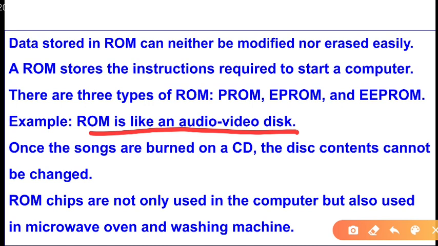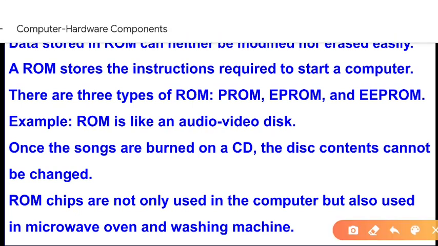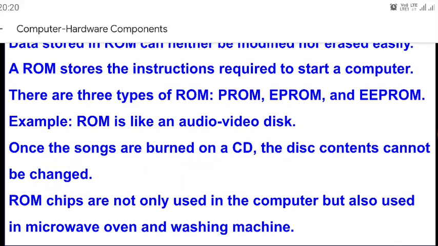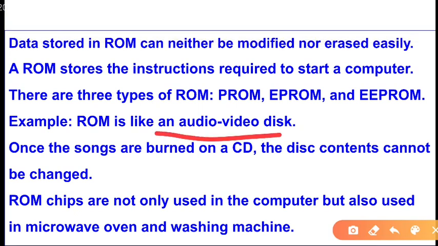You can only read the data or the songs that are inside those CDs. Actually, you cannot read, the computer will read, and you can hear the output. But you cannot change anything. Once the songs are burned on a CD, the disc contents cannot be changed. It is like an audio video disc, though the audio video disc is not a ROM.